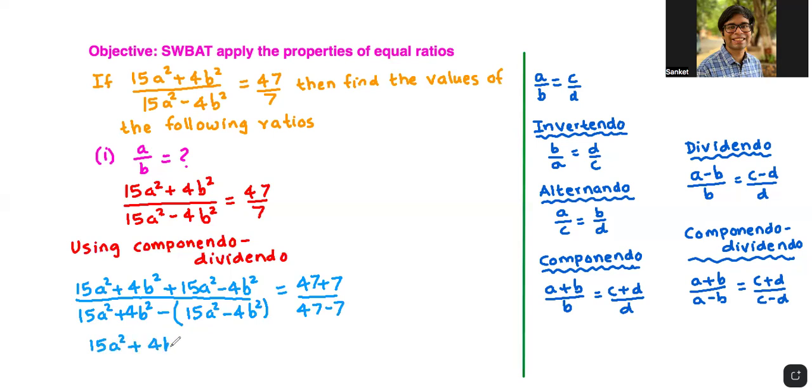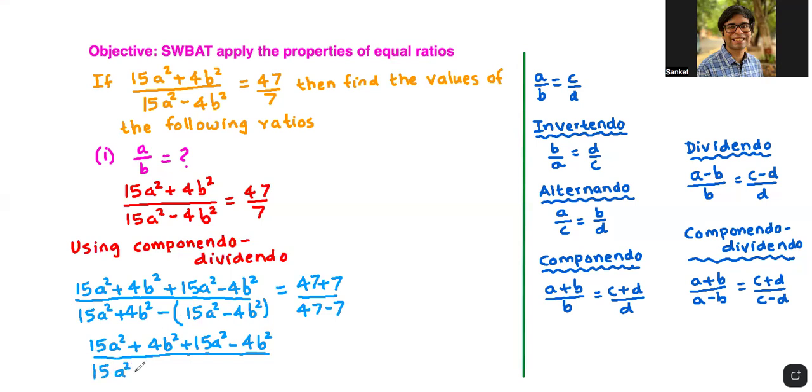15a² + 4b² + 15a² − 4b². Now there is a negative sign outside the bracket, which is as good as multiplying this whole bracket with minus 1. So the signs of both these terms are going to change.